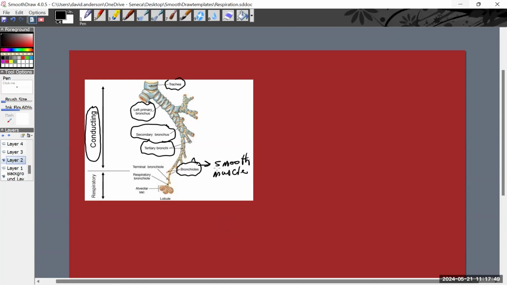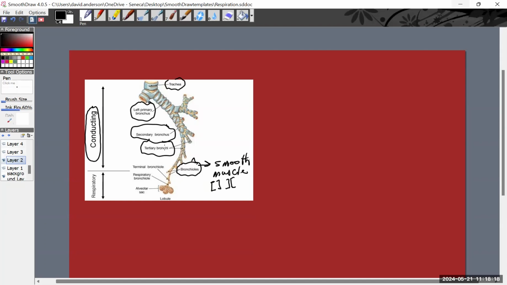So we're down here at the bronchioles where we can affect dilation or constriction, and I just use brackets facing each other as a way to illustrate bronchoconstriction in this case. And when the brackets are facing away from each other, bronchodilation. If you're not happy with those abbreviations, then just write the words out to make it work for you.